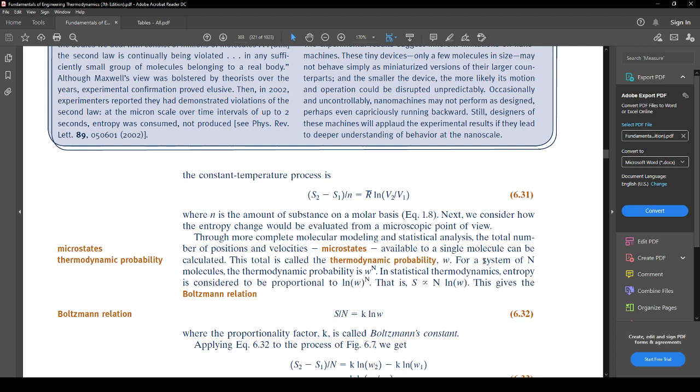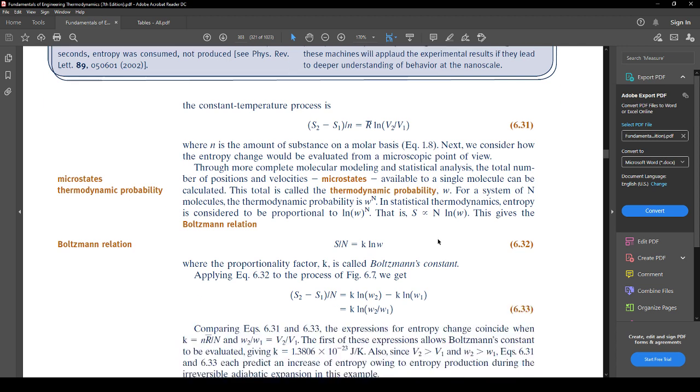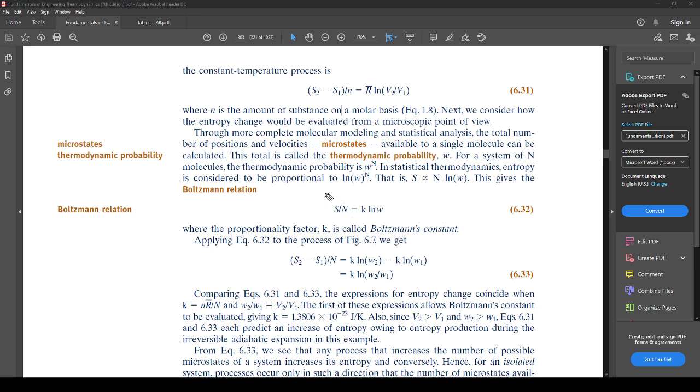And then it says, next we consider how the entropy change would be evaluated from a microscopic point of view. So we're actually going to stop here because this stuff is, like I said, microthermodynamics essentially. It's stuff that you do on probability of where things can be. We're not going to really go into that because there is a chapter on that. I think it might be 12.